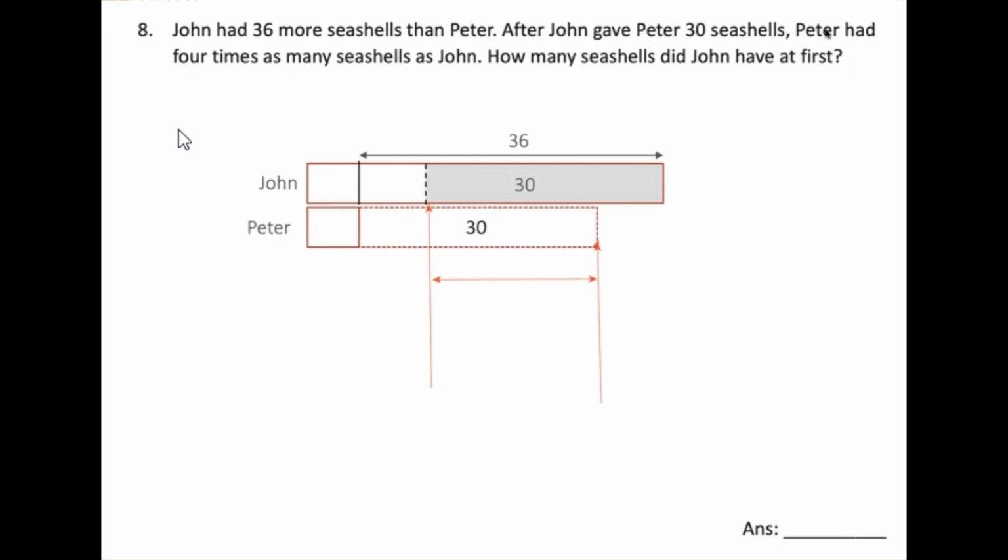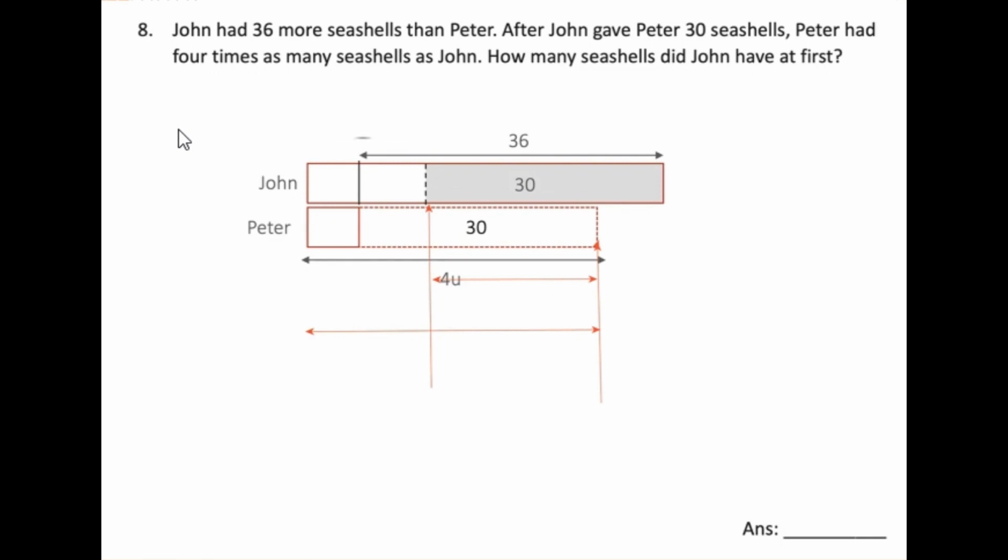Okay. Now, Peter had 4 times. So Peter will be here, 4 times is from here to here. It will be 4 units. From here to here, see that? This is Peter, 4 units. Where is John?